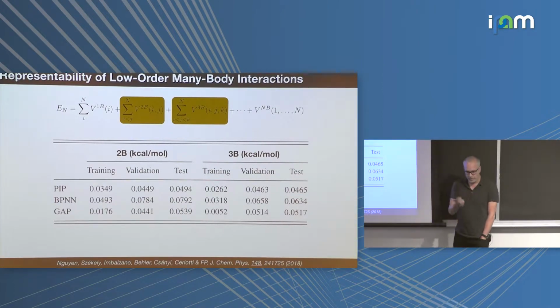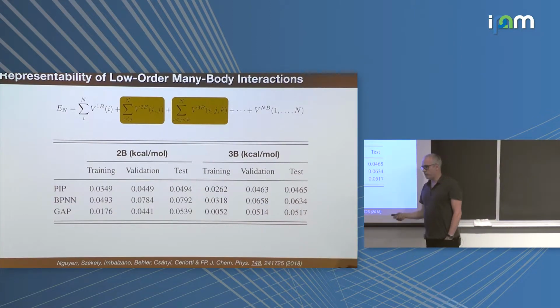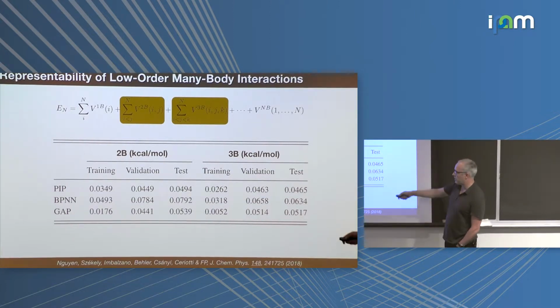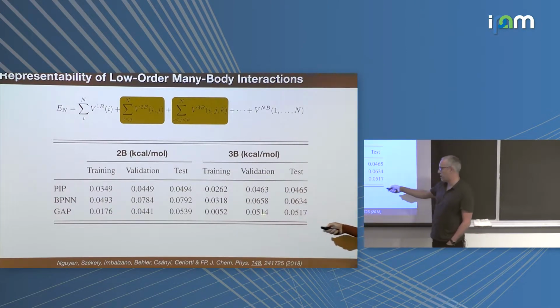If you want to be picky, you will say that the permutation invariant polynomials are probably the most stable, because you can see there is not much difference between training and test errors. The GAP potentials are probably the most prone to overfitting, so you probably need much more data to train a GAP potential, and the neural network in the Behler-Parrinello framework is probably in between.